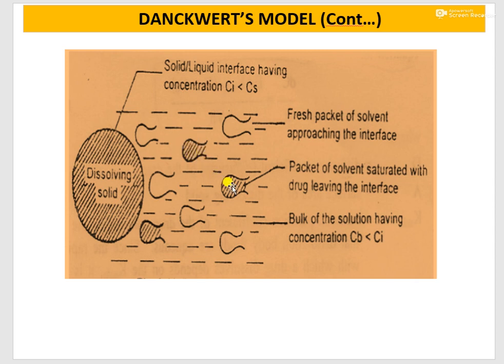So this packet is a packet of solvent saturated with drug leaving the interface, and once it leaves the interface, this packet of solvent saturated with drug will transfer the drug to the bulk.